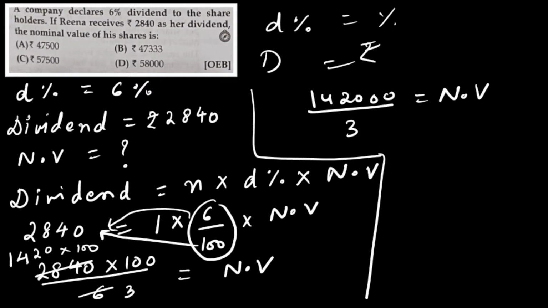I am not going to do calculations. At least calculations answers you can share. And I hope you people are solving the questions along with me. So, what is the answer?